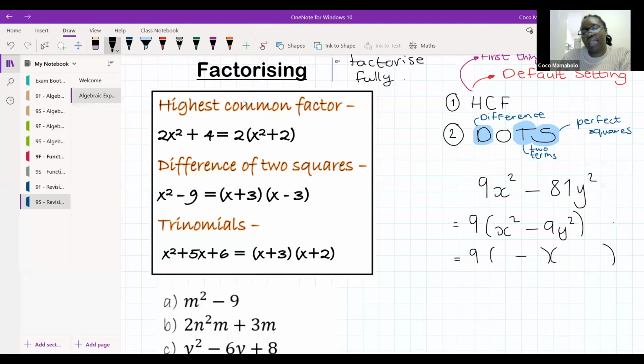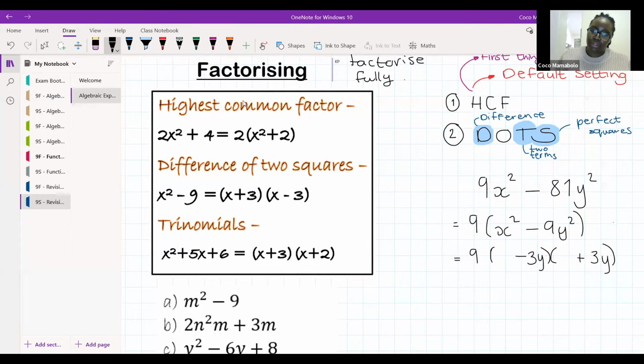But you've forgotten something. What is it going to be? Negative 3? We need to take the square root of y squared as well, Sianda. So you can't just say 3. It needs to be negative 3 what? Y squared. Not just y squared. You've taken the square root, so it's negative 3y. Good. And positive 3y. What about this side? What do we have over here?